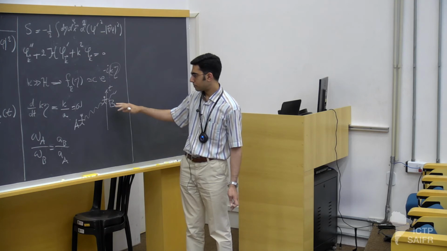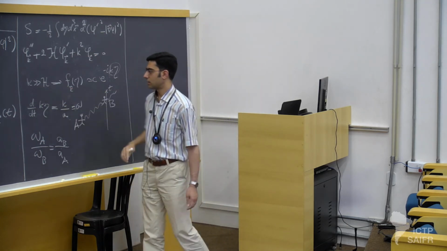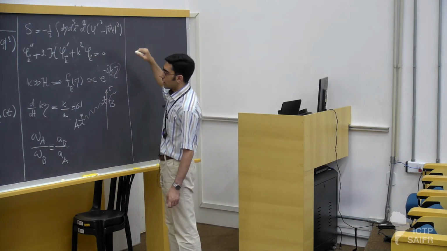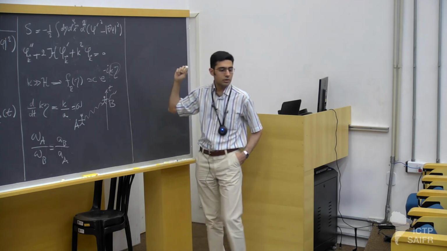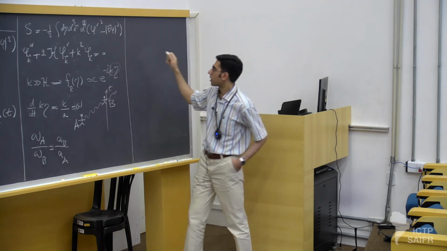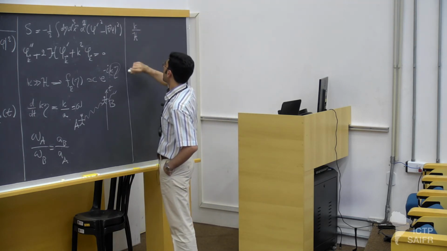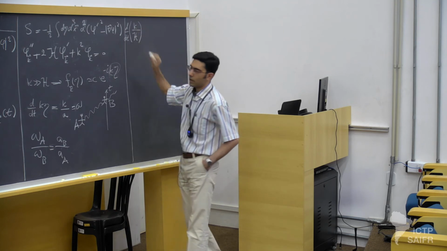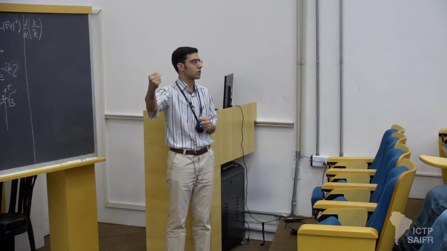But notice that, let us consider this condition, k much larger than h. Let me look at this ratio, for instance, k over h, and let's see what happens with the time dependence of this ratio. So this k over h tells me whether my fluctuation is sub-horizon or super-horizon.